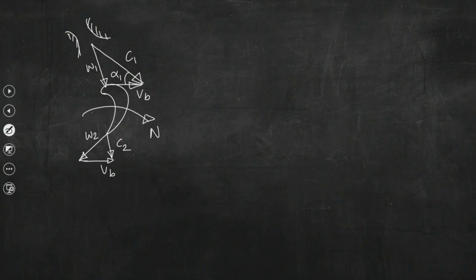So, what we can see is that this blade speed corresponding to N rpm can be written as pi Dm N by 60.